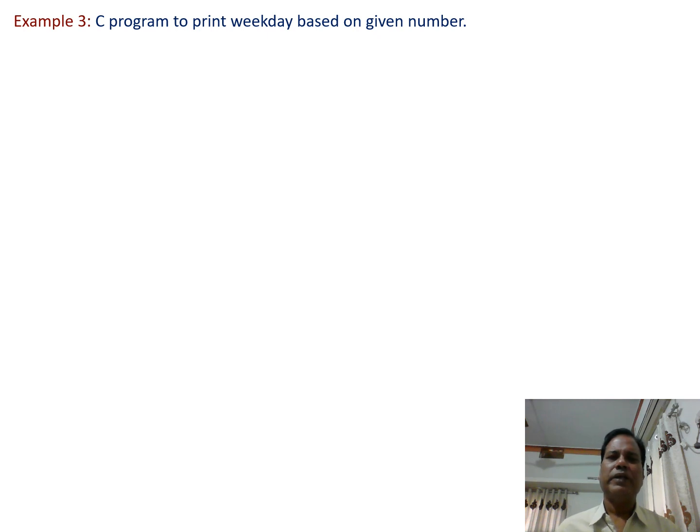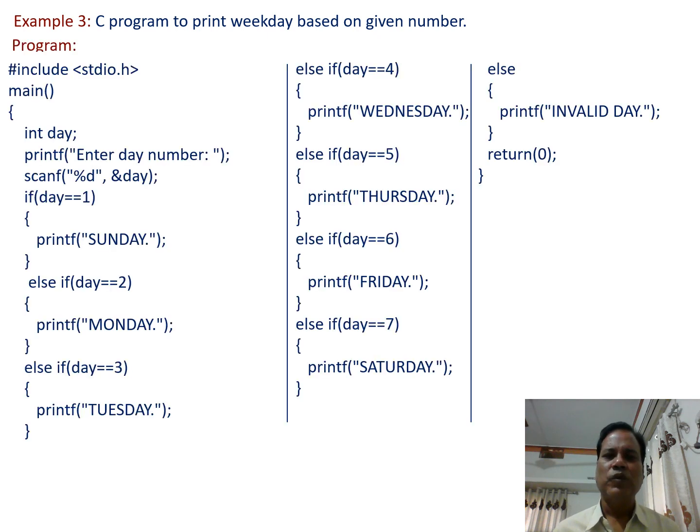Let us take another example in which we have to display the weekday based on a given number. There are 7 days in a week, so each day is assigned a number from 1 to 7. A program can be written like this. In this program, day is an integer variable.